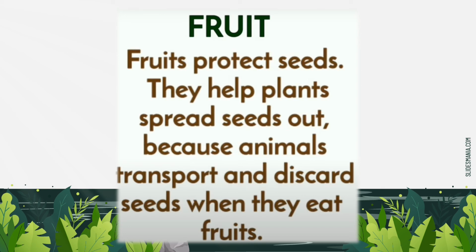Like when we pluck a fruit, we eat the fruit, but we don't eat the seeds, we just throw them. So we are helping the plant by taking the seed to another place and throwing it in the ground. So the seed can form a new plant, right? A new plant can come out from the seed. So the duty of the fruit is to protect the seeds. So now we have learned the job of all the different parts.